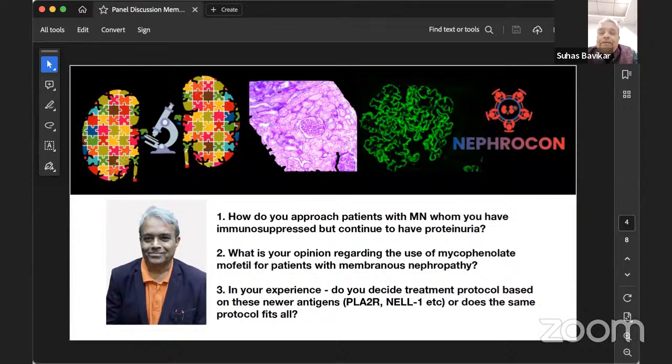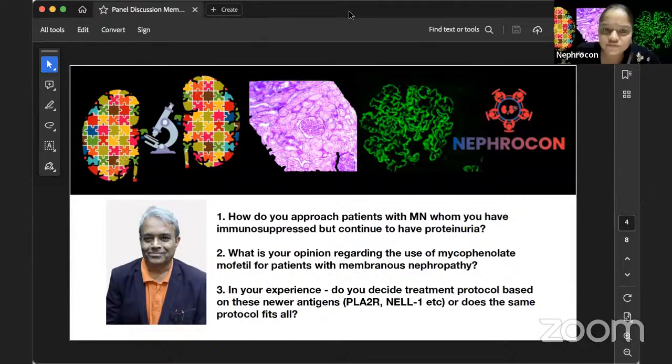Bosentan nowadays we have started using. And then, of course, the Ponticelli regimen remains the mainstay of therapy for those. And then recently we had a discussion on combining rituximab and Ponticelli in reduced dosages. Will that help or make a difference in a resistant nephrotic state case? So that was my take.